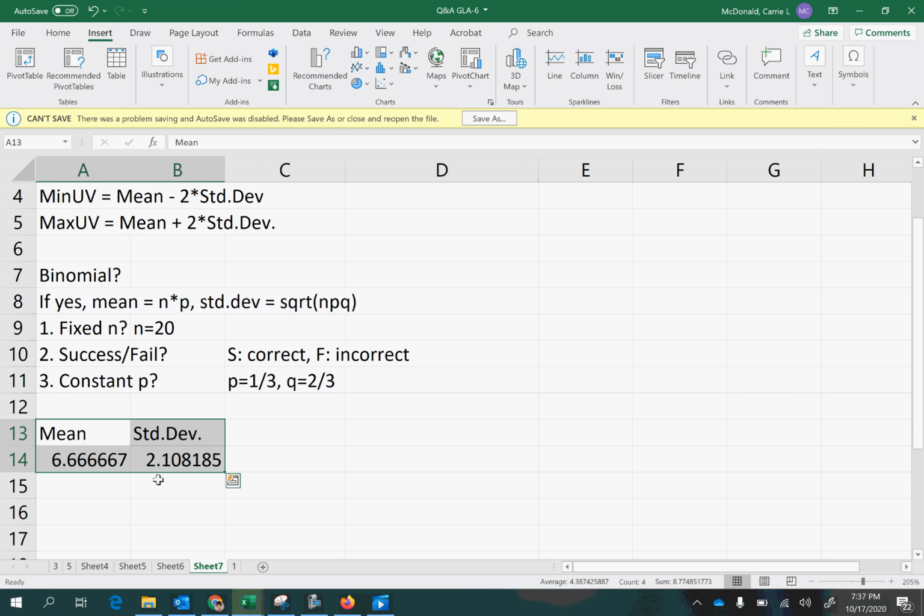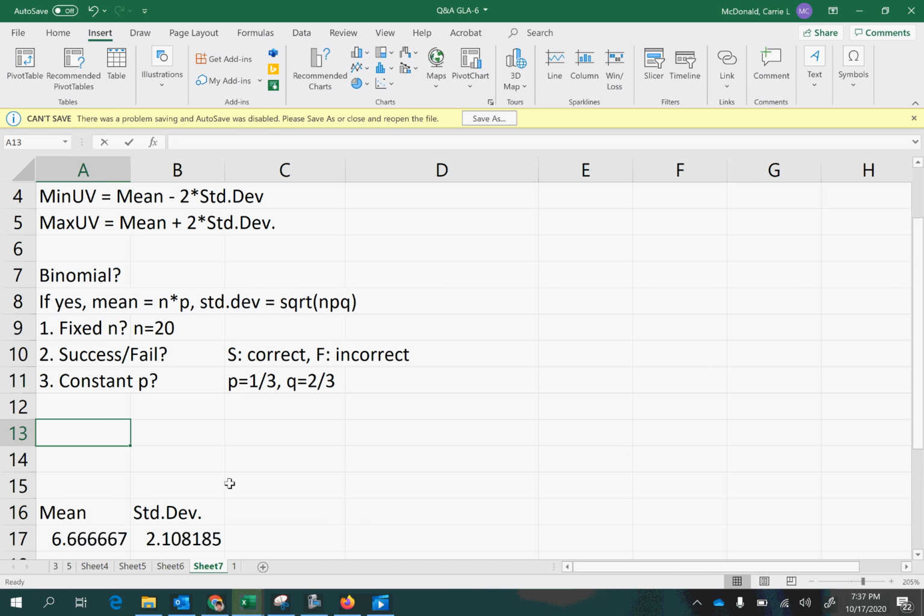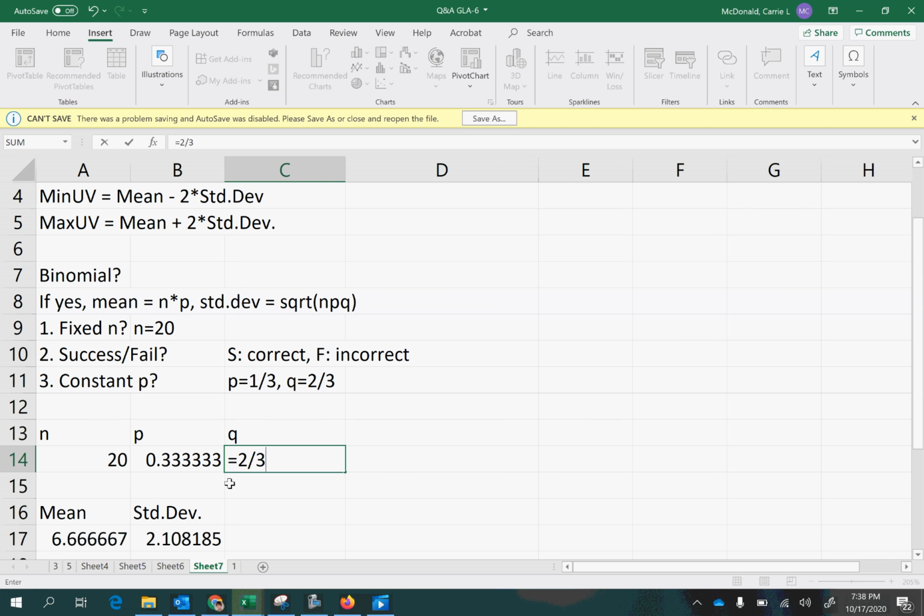Now, it may be more convenient to make some cells for containing your N, your P, and your Q. I like doing that. And so then I'll have 20 here. P is equal to 1/3, and Q is equal to 2/3.